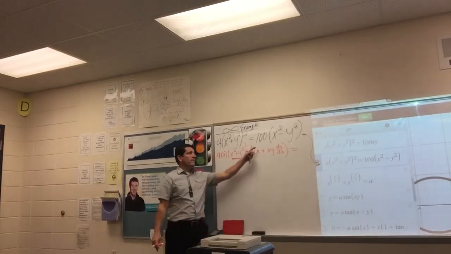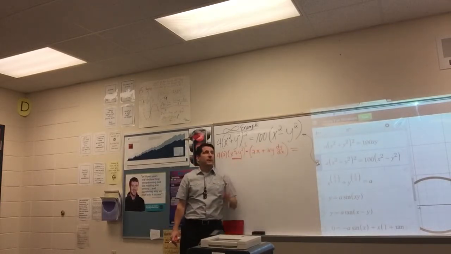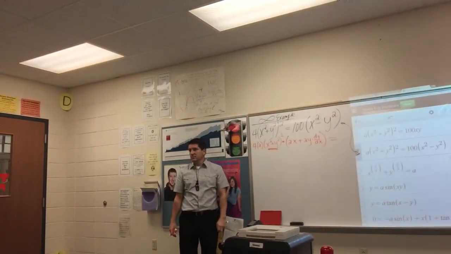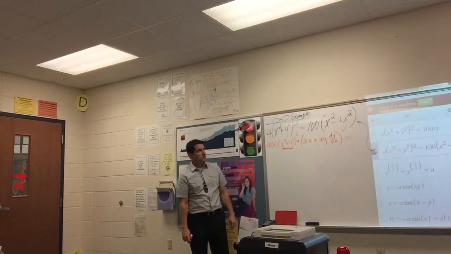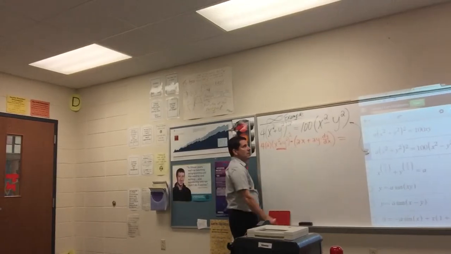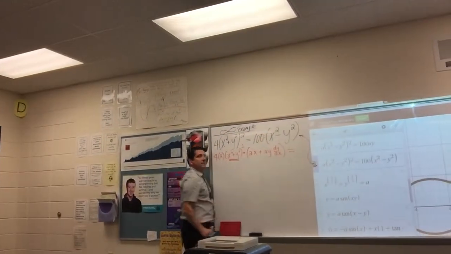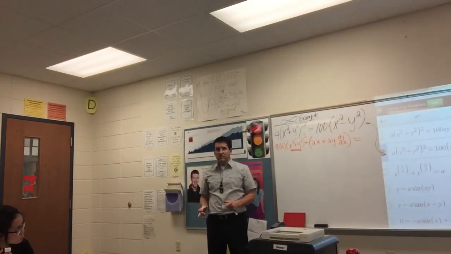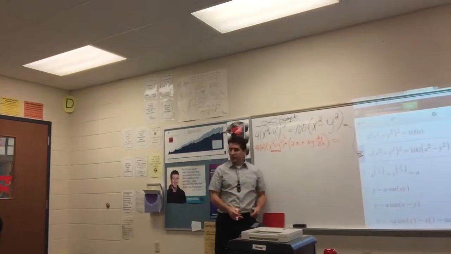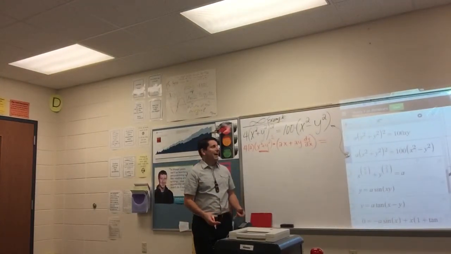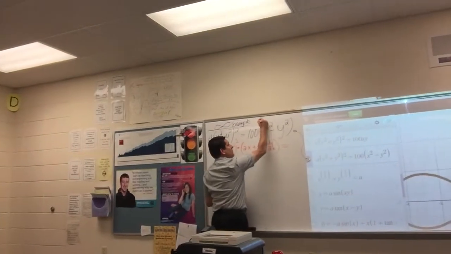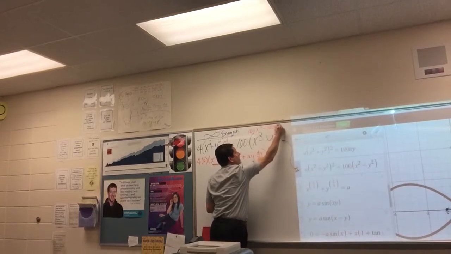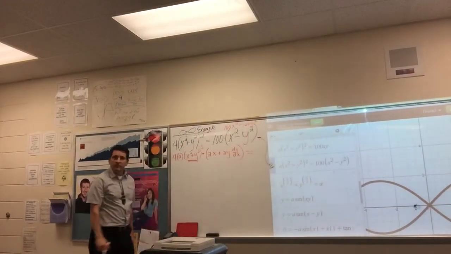Now we have to do the derivative of 100 times (x squared minus y squared). How do we do that? Technically you could do a product rule where 100 is the first function, and then x squared minus y squared is the second function. I wouldn't do it that way. I would distribute. This is the same as 100x squared minus 100y squared. And that's so much easier.